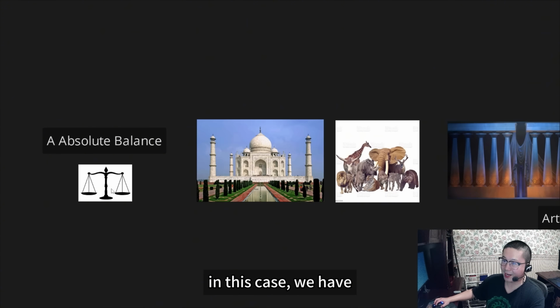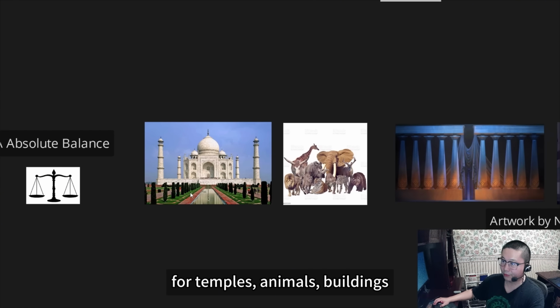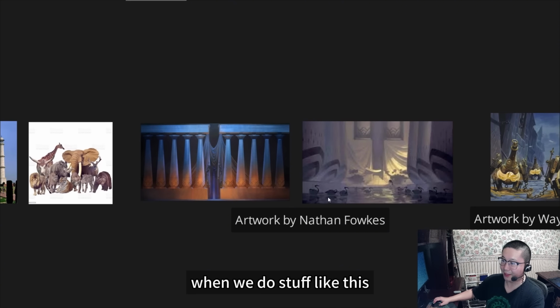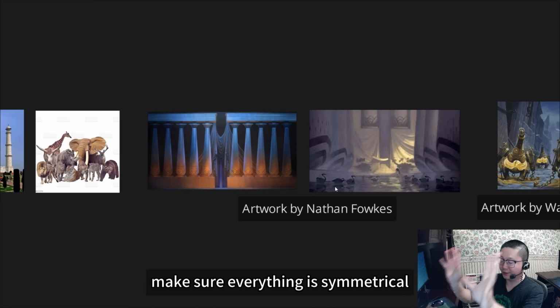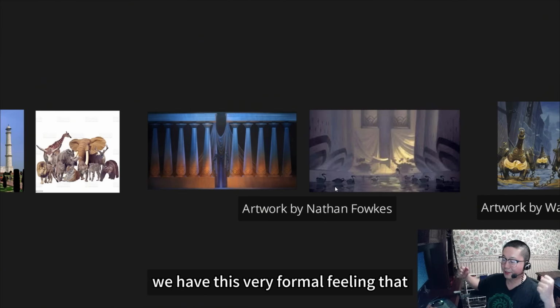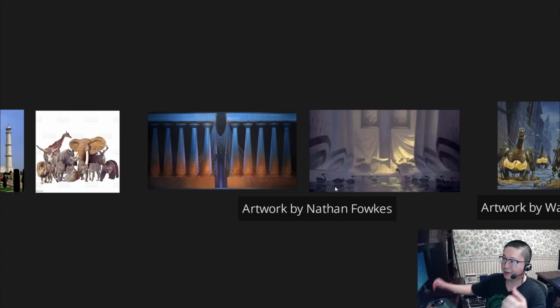In this case, we have a perfect symmetrical design that's usually for temples, animals, buildings. When we do stuff like this, it's much easier for us to just make sure everything is symmetrical so that we have this very formal feeling that you should be looking in the middle and nowhere else.